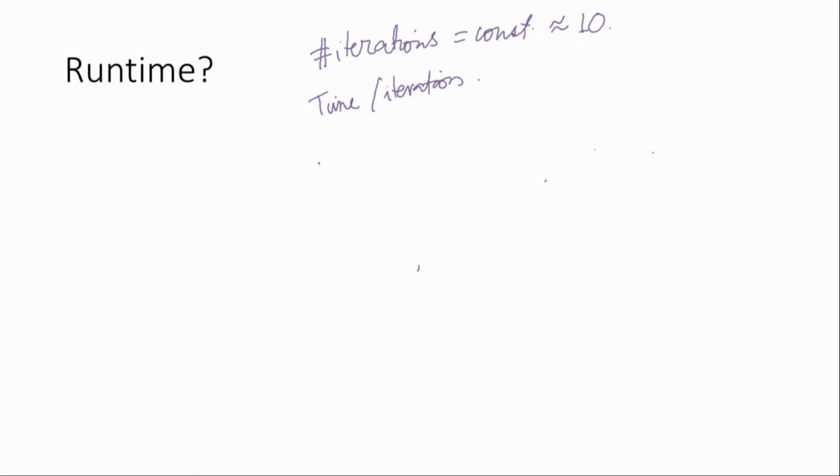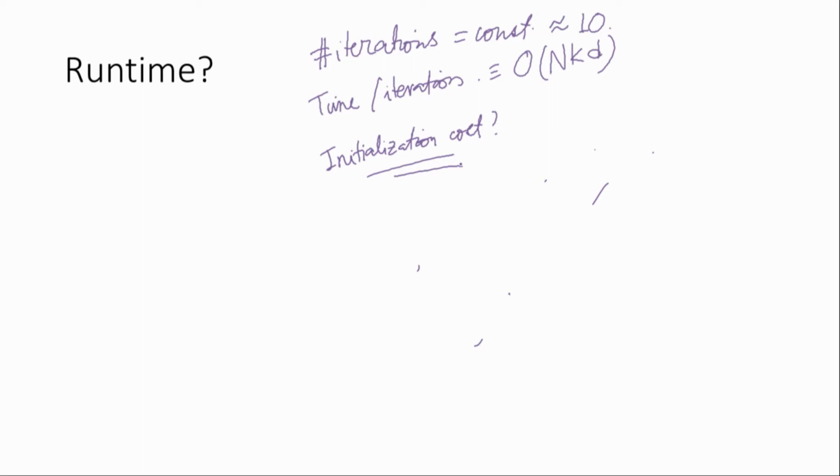And what is the cost of initialization? This you do only once. So time per iteration, we have done this, right? And this remains the same, NKD, because after you initialize, you're just running Lloyd. So this remains the same. What is the initialization cost here?